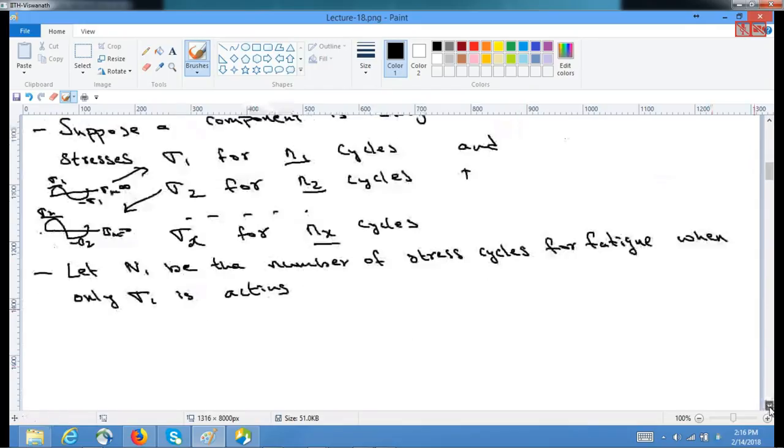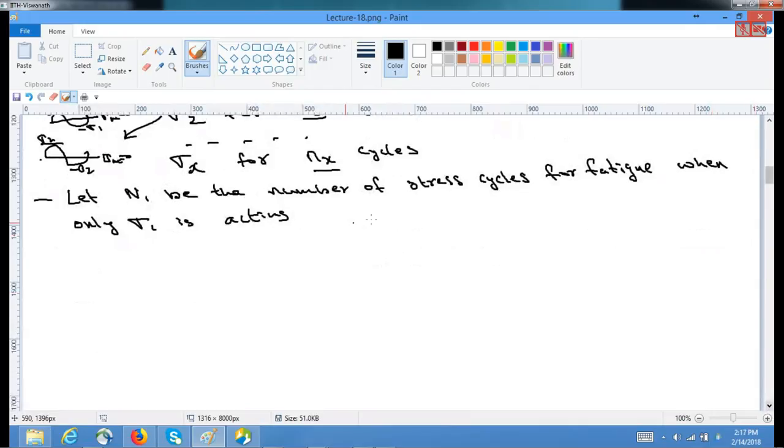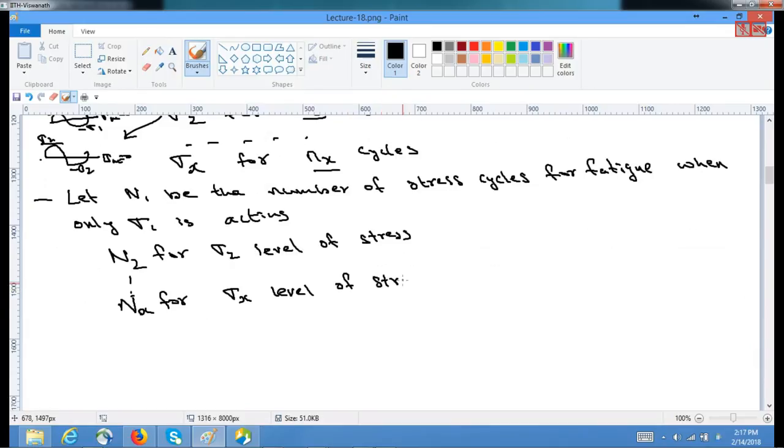So capital N1 will be the life of the cycle, or similarly capital N2 for sigma 2 level of stress, so on, capital Nx for sigma x level of stress.